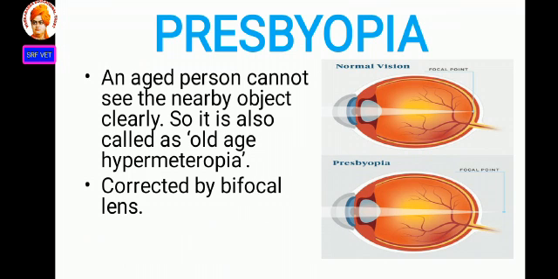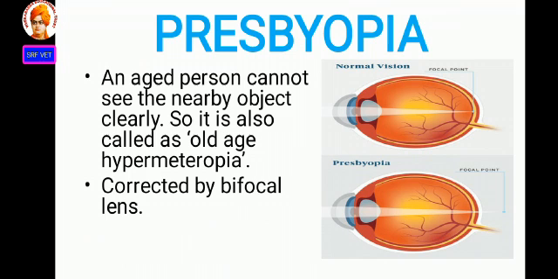Due to aging, the ciliary muscles become weak and the eye lens becomes rigid, meaning inflexible, so the eye loses its power of accommodation. Already we know the eye lens is a flexible jelly-like material, but due to aging the ciliary muscles become weak and the eye lens becomes rigid. That's why an aged person cannot see nearby objects clearly.